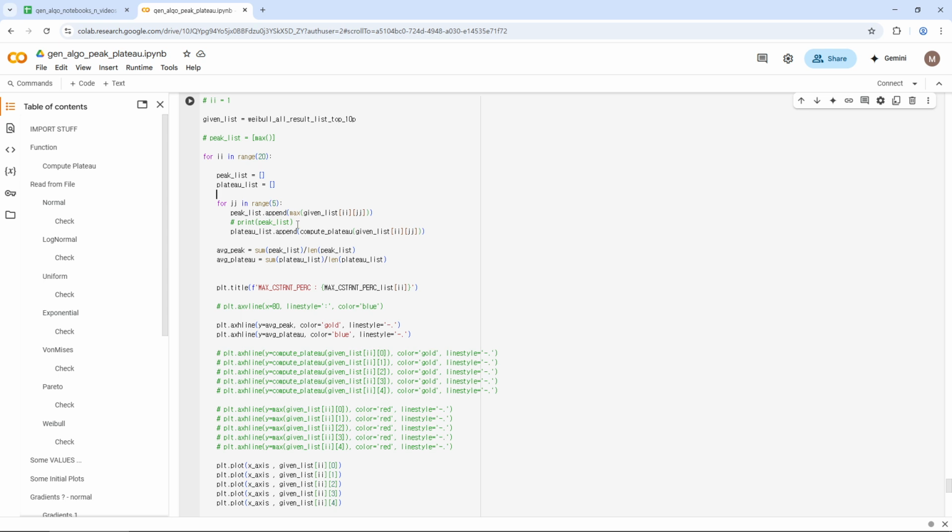Yeah. So today I worked on this specific notebook file dedicated to finding the peak level and the plateau levels, so that I can find the dip sizes easier.